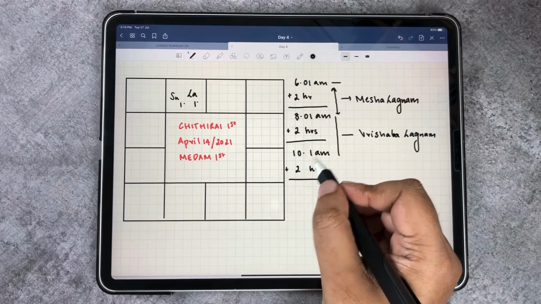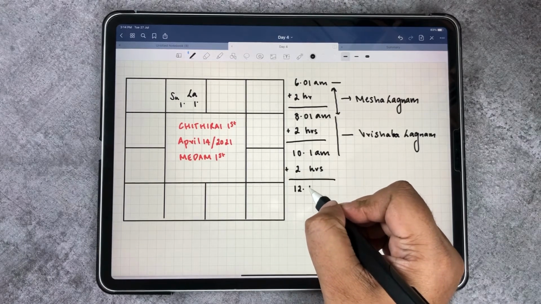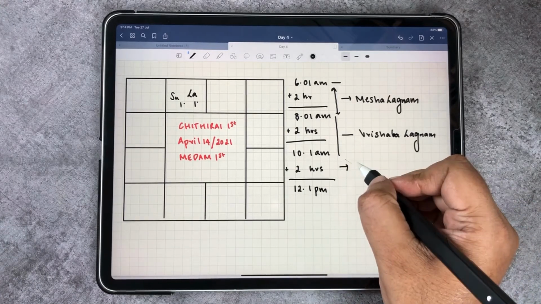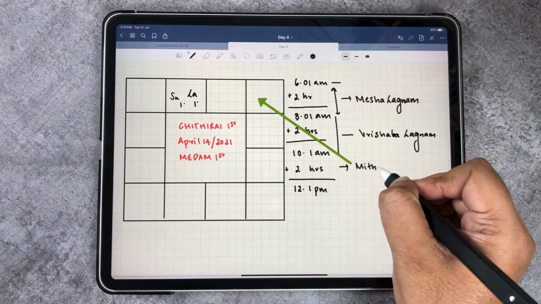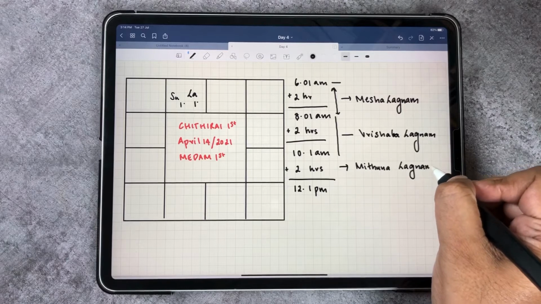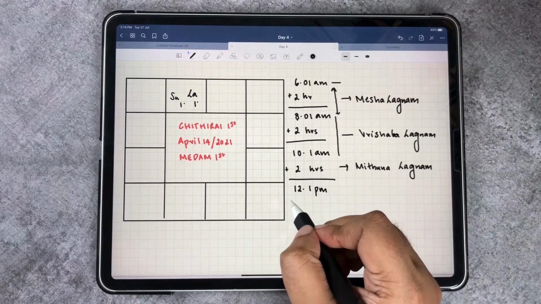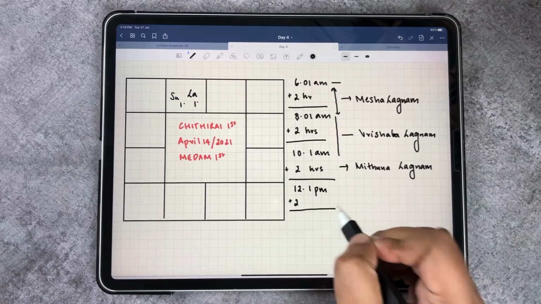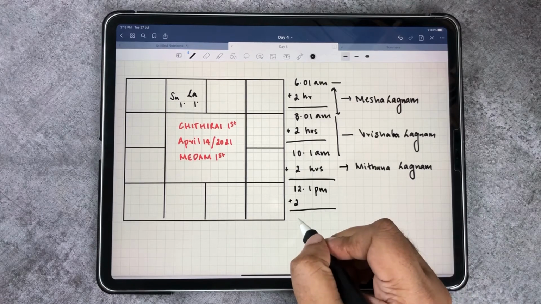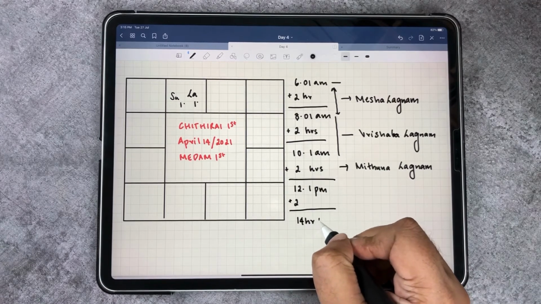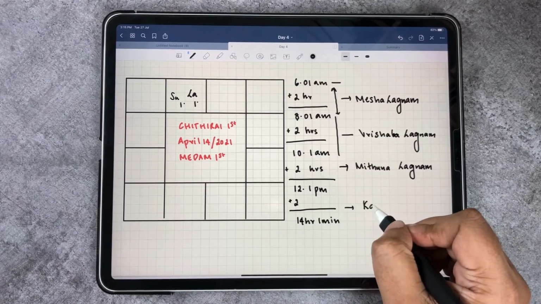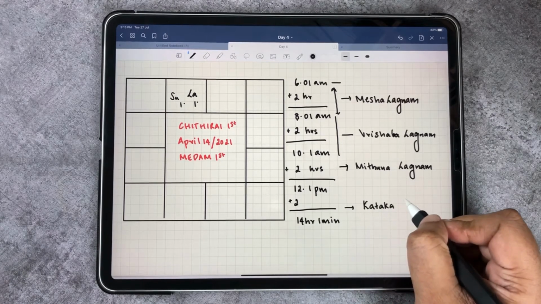From 10:01 am to 12:01 pm, you would have what? The Mithuna Lagnam. Again add 2 hours. So from 12:01 pm to 14 hours, 1 minute, you would have Kataka Lagnam.